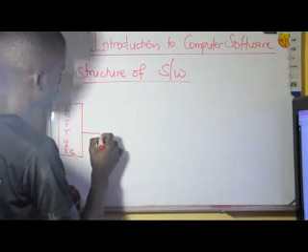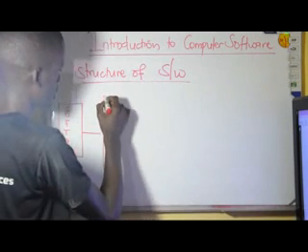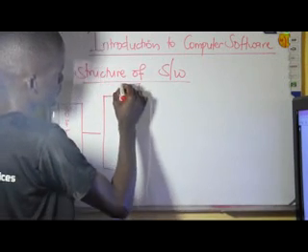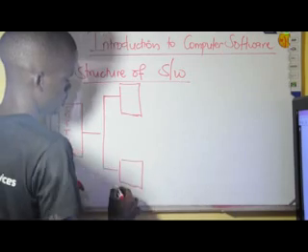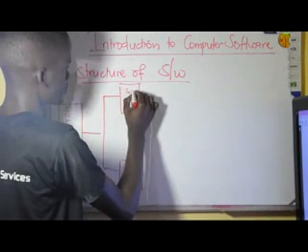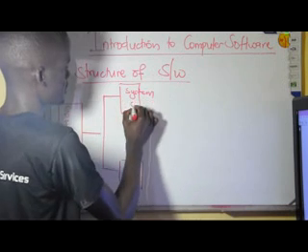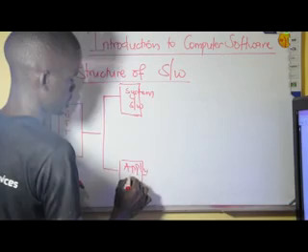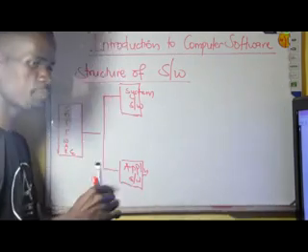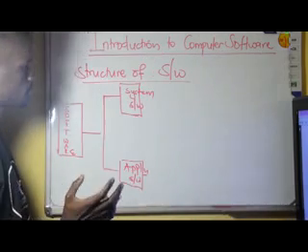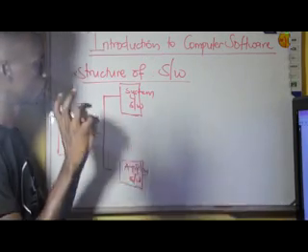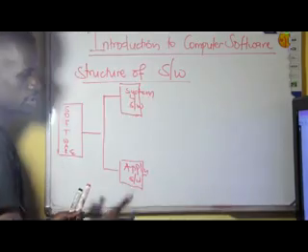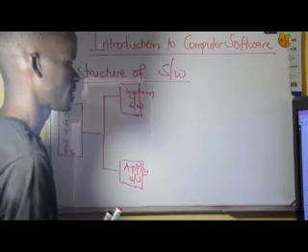So we broadly categorize software into two main types: one, the system software, and two, the application software. So from the big term software, we categorize it into two main types.